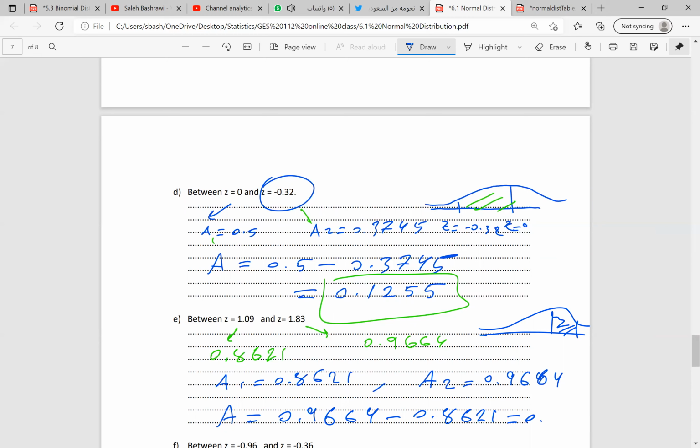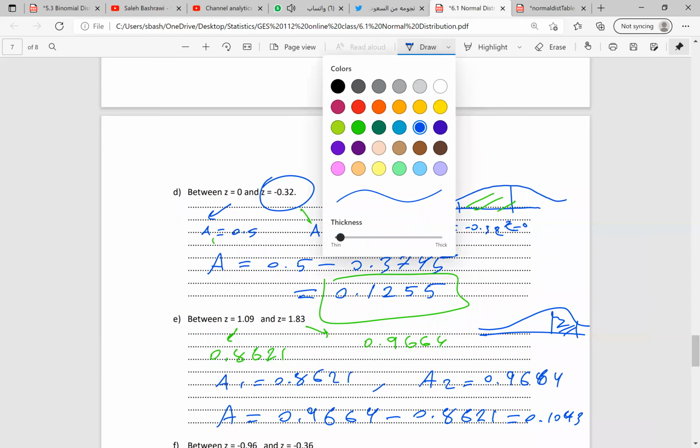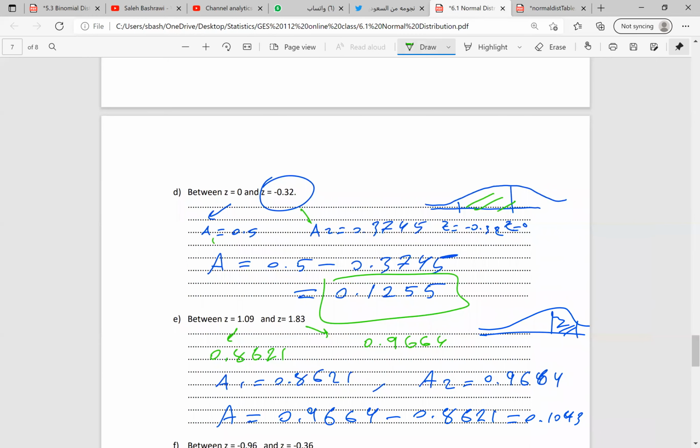That will be 0.1043. And this is the area between these two z-scores.